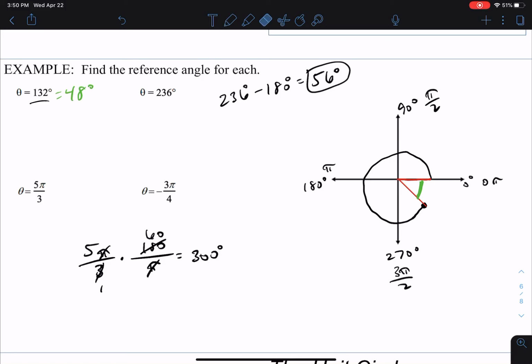If I'm at 300 here, to get to 360, that's going to be 60 degrees. So that's what the reference angle is. Since they gave it to us in terms of radians, we're going to have to change it. So 60 degrees is pi over 3.